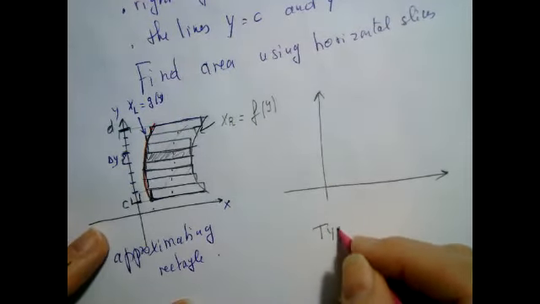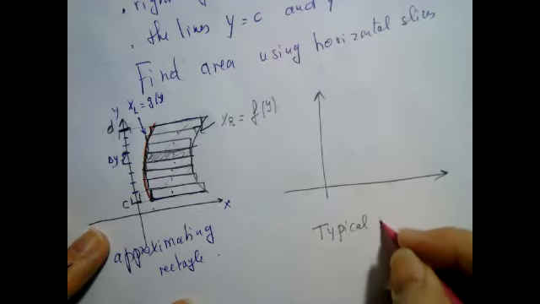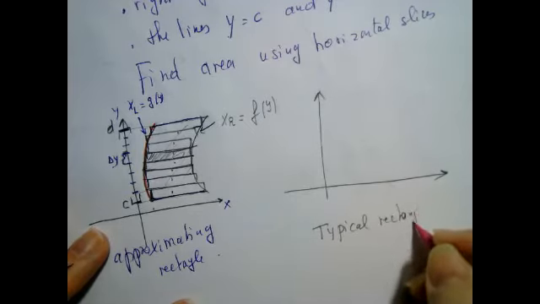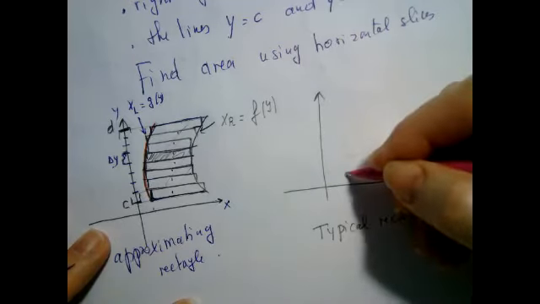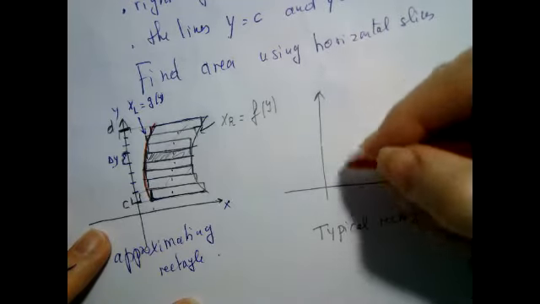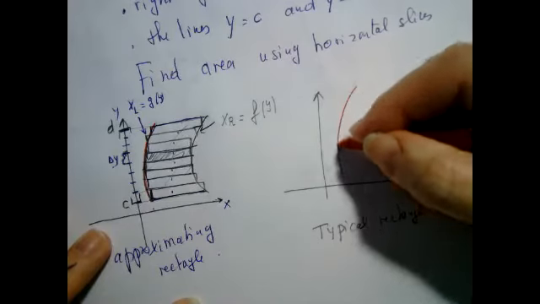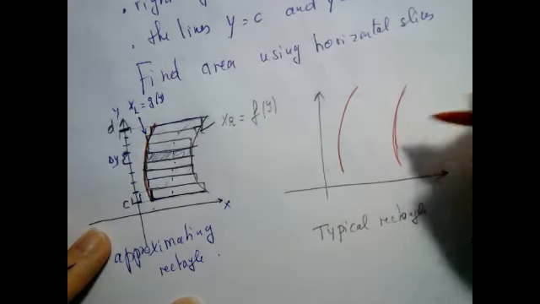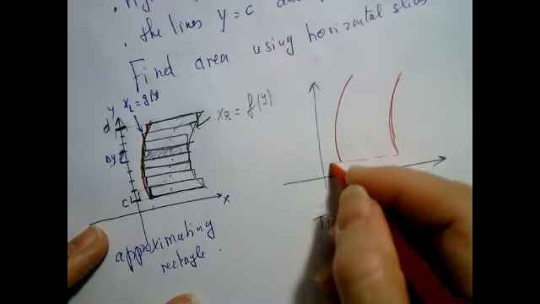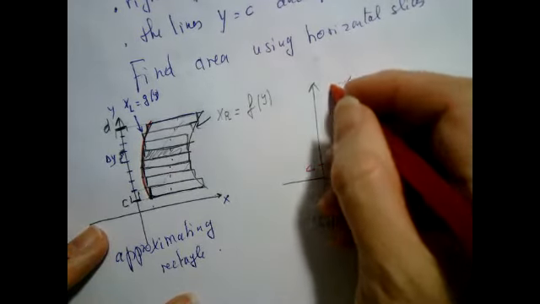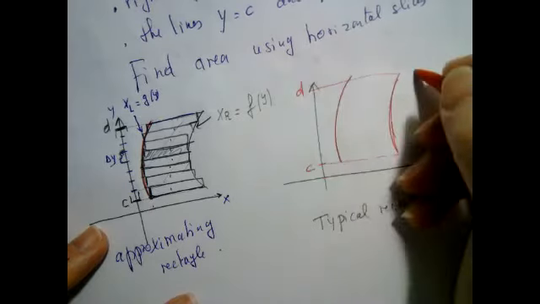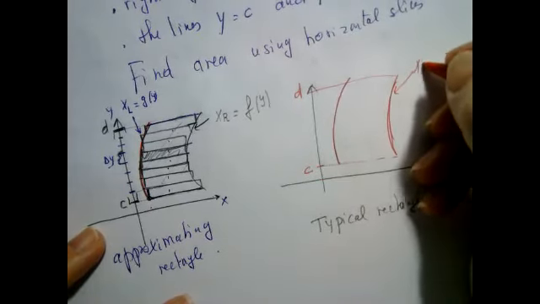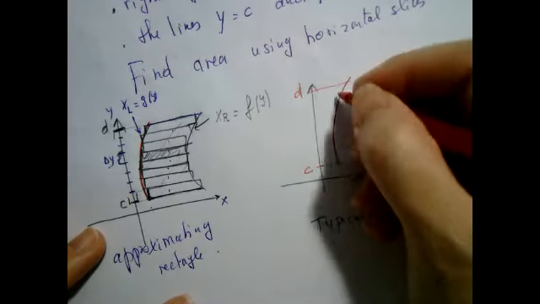So here, I'm going to analyze a typical rectangle. So I draw the curve again, and I focus on one of them only, so the math will become easier. And this is my C. This is my D. This is the right, so yes, this is the f. And this is the g.